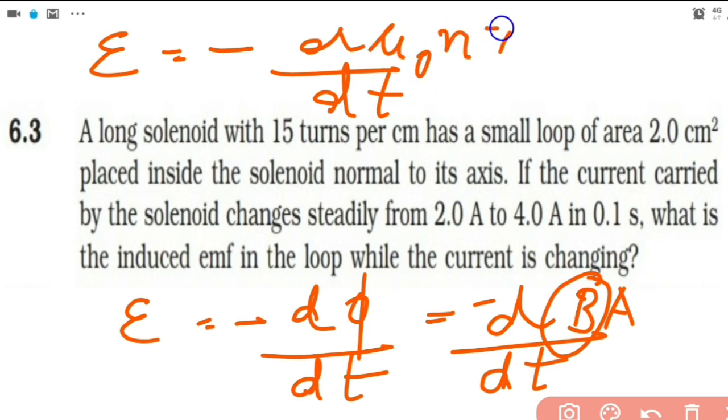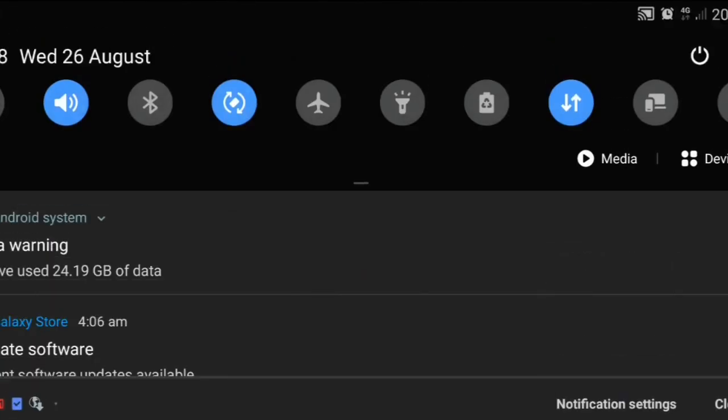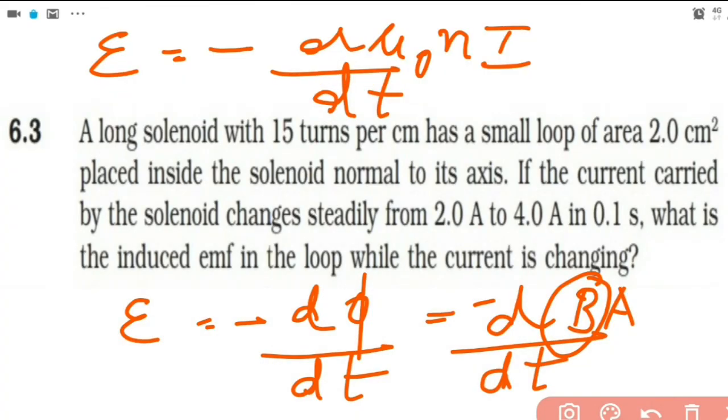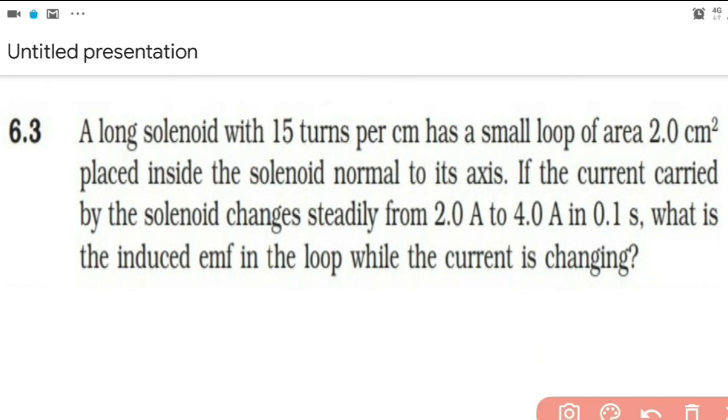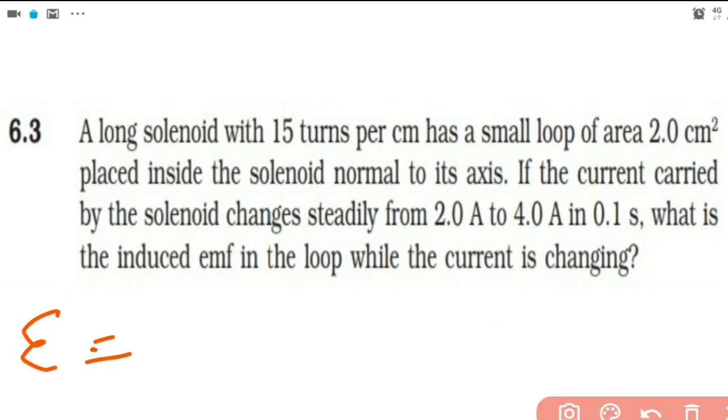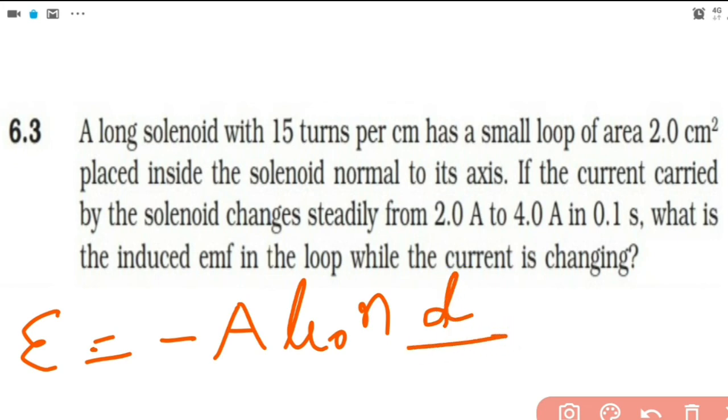Hope you remember in chapter 4 we have studied the expression for magnetic field produced by a solenoid, that is mu 0 Ni, into A. A is remaining constant. So while rewriting the equation, we will have epsilon is equal to minus A mu 0 N into d by dt of I, since area, mu 0 and N are constant. Here the only variable is I. So we have A mu 0 N into di by dt.